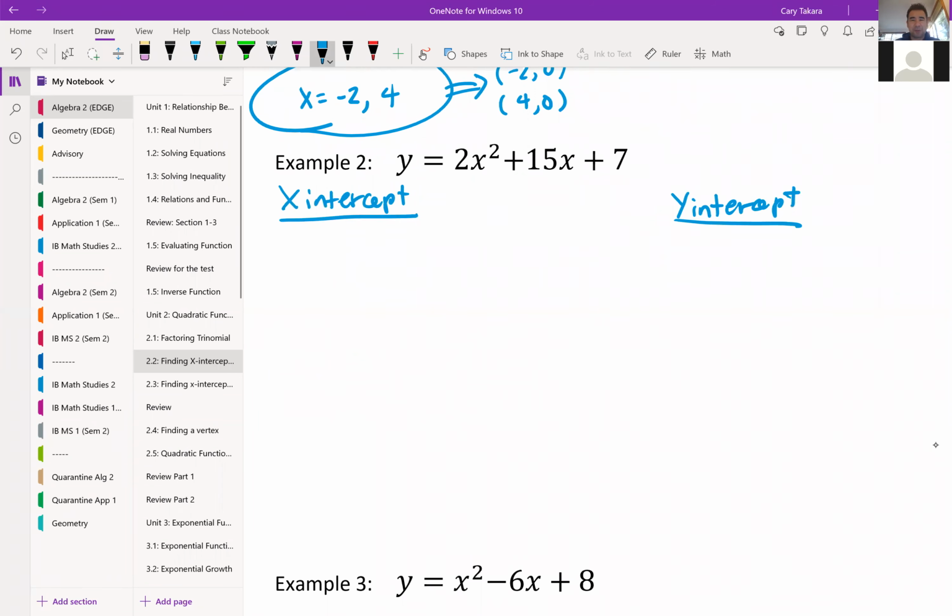So again, you probably know what y-intercept is, but let's focus on x-intercept. I'm going to let you work on it by yourself, at least up to the point where you can factor.